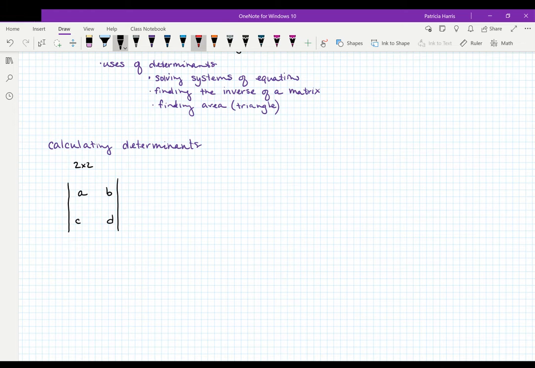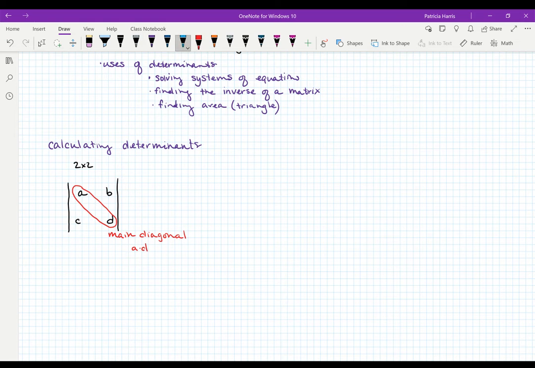Okay, so what you're going to do is take what's called the main diagonal, which is the upper left down to the lower right. Okay, and you're going to multiply those two numbers. So you're going to go A times D.